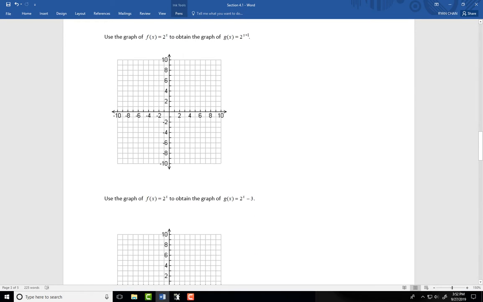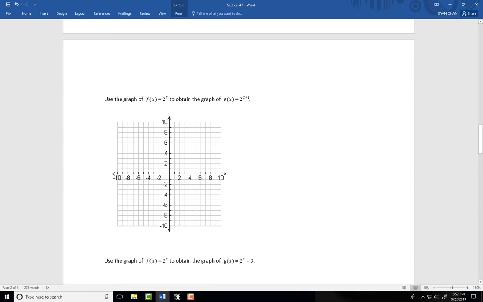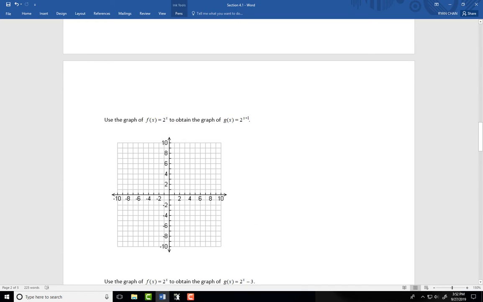So you'll run into some situations in which you'll have a transformed graph. Make sure you know how to do transformations, based off of your first midterm.